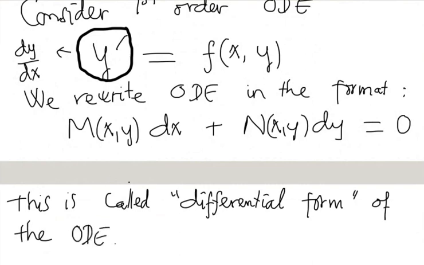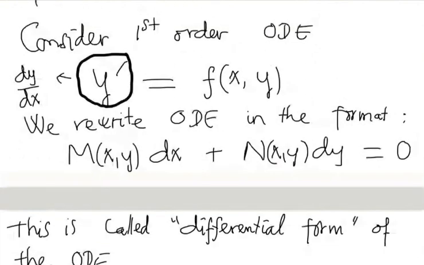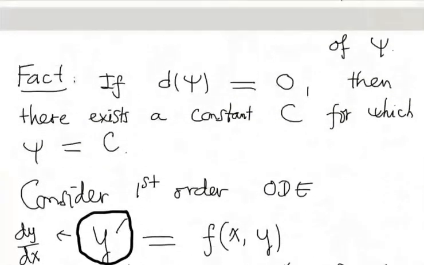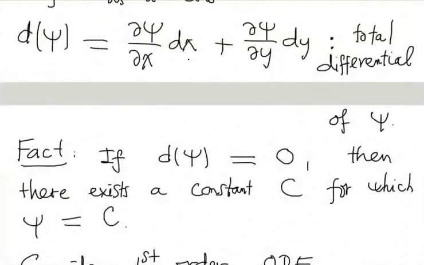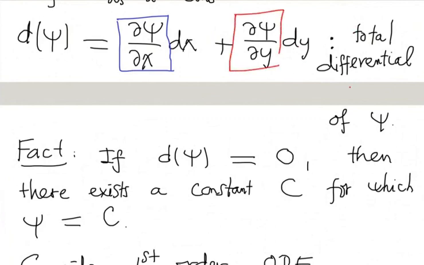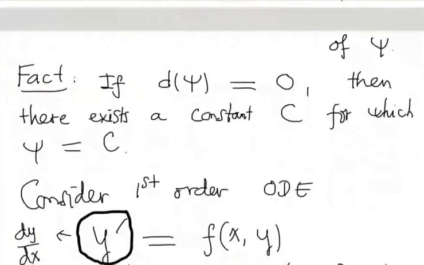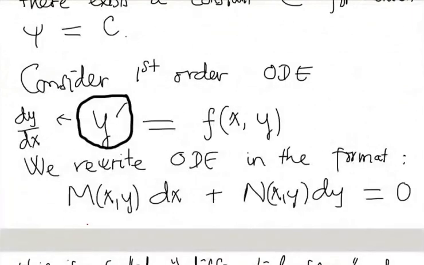So you see that this differential form has the same format as the total differential, because for the total differential we have a certain partial derivative of psi here, dx, and then a partial derivative of psi here, dy. And our format is very similar: a quantity M dx and then a quantity N dy.